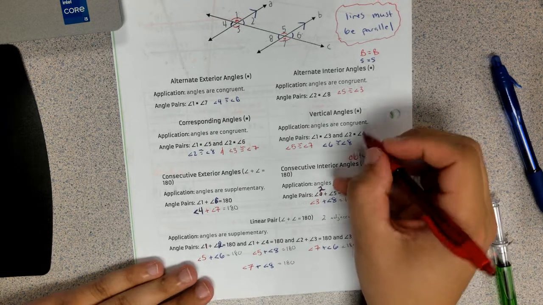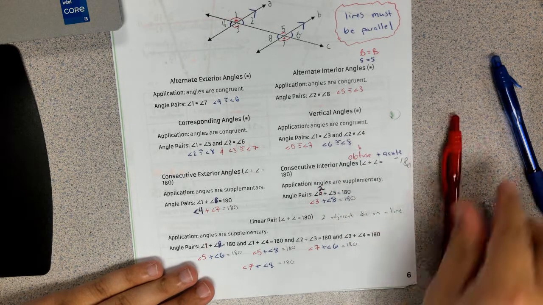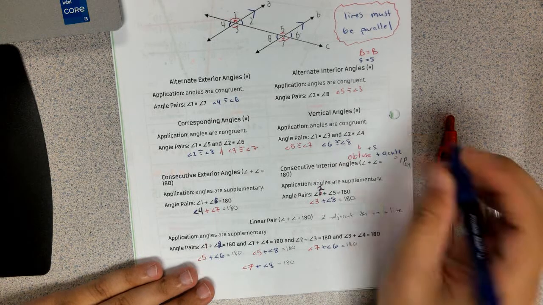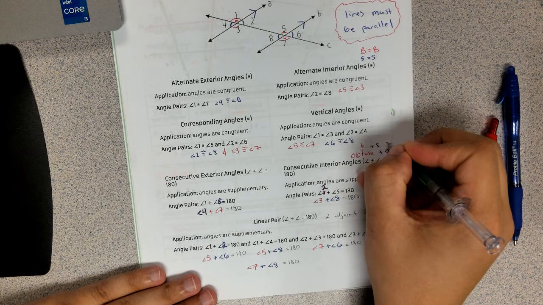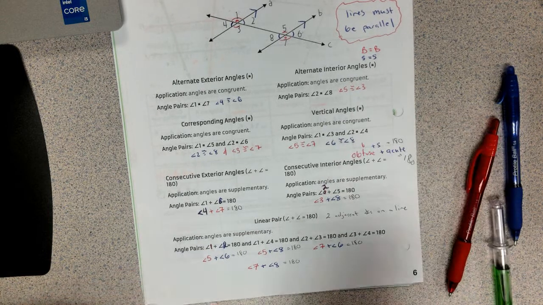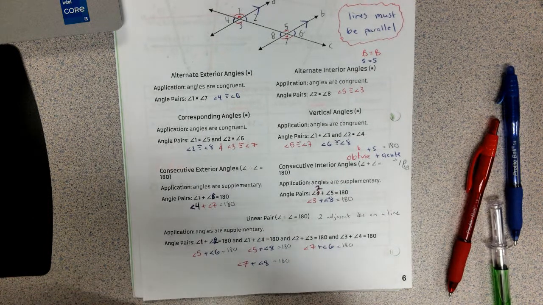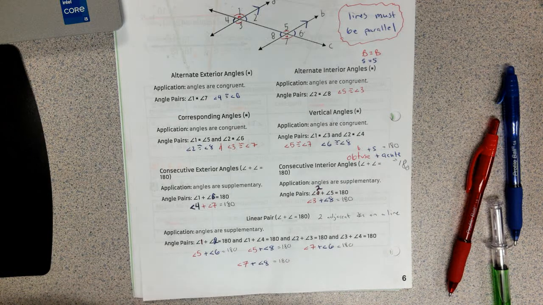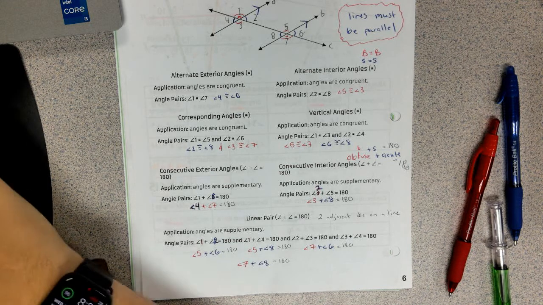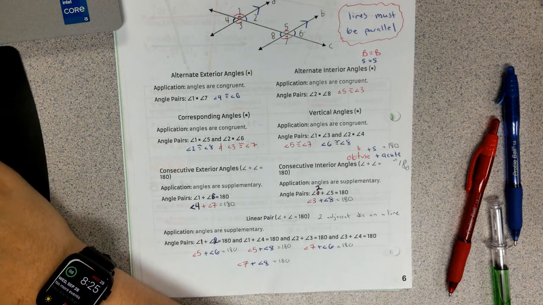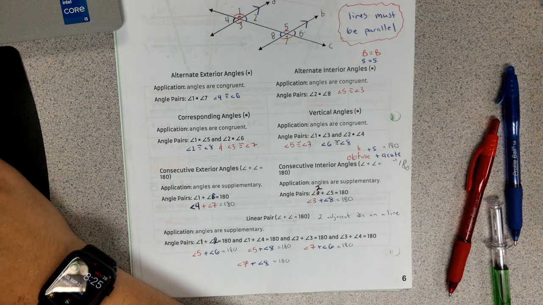Another way to think about it is big plus small equals 180. So where we had congruent, where it was big equals big or small equals small, in this case, if I have a big angle and a small angle, then it's going to equal 180. And that is how we apply our angles for consecutive exterior, consecutive interior, and linear pairs.